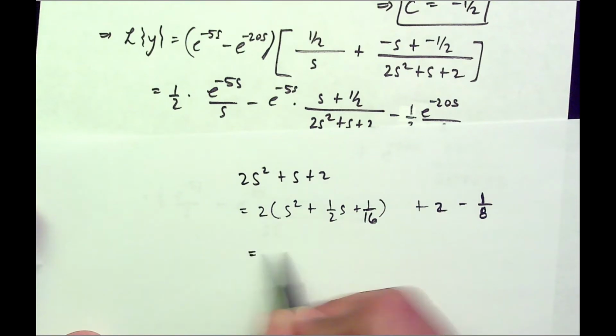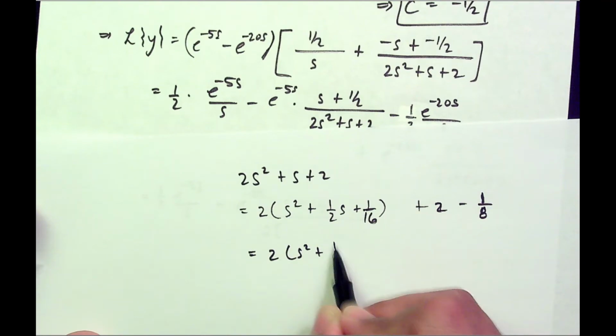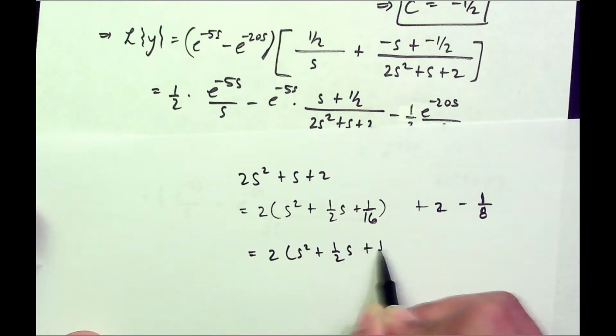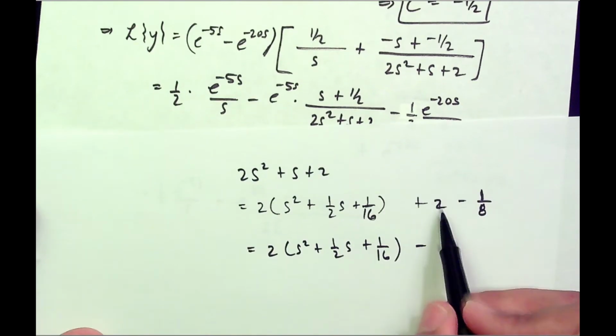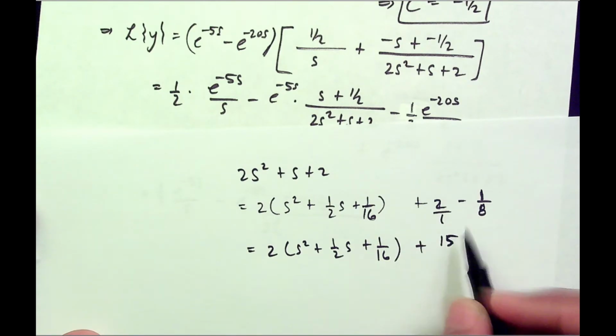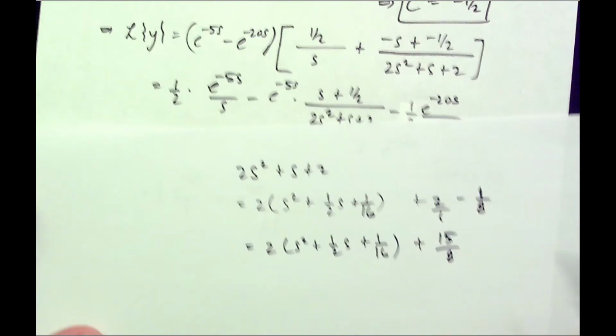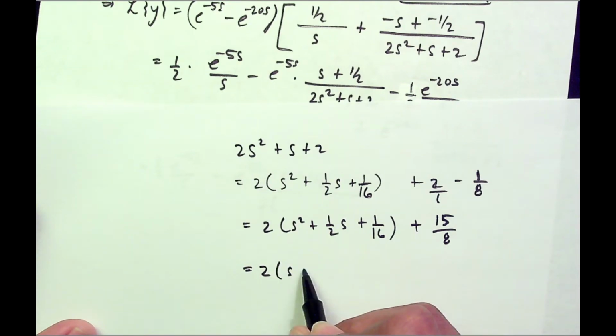So then this is 2 times s squared plus 1 half s plus 1 over 16. And then multiply top and bottom by 8. This is 16 minus 1, which is 15, positive 15 over 8. And lastly, writing this as an actual square, we completed the square.